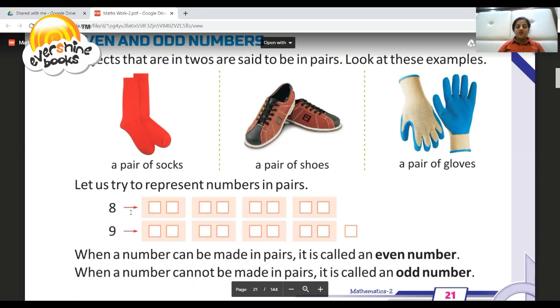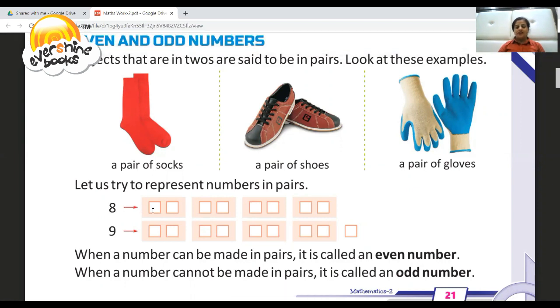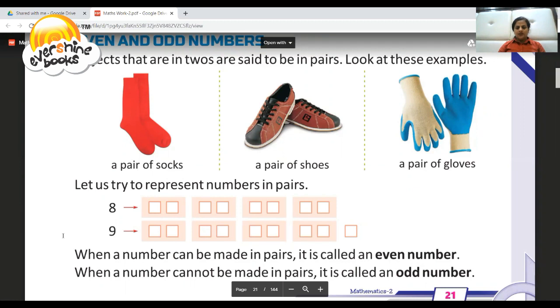Okay, let us try to represent numbers in pairs. 8: how many pairs are there? 1, 2, 3, 4. Yes, these are 4 pairs that the number 8 is having. Next is 9. Is 9 also having the same pairs?